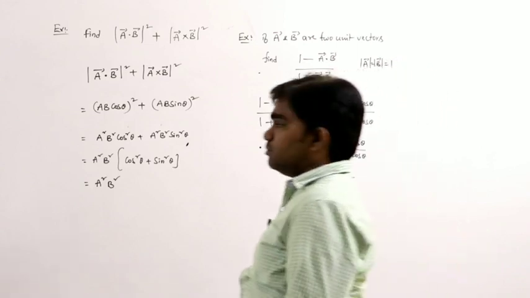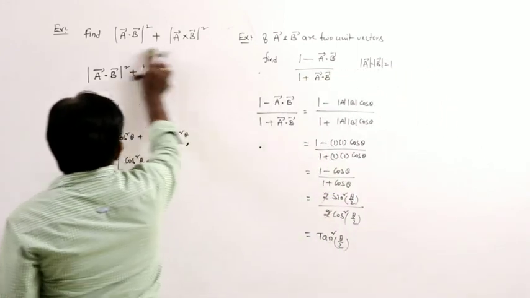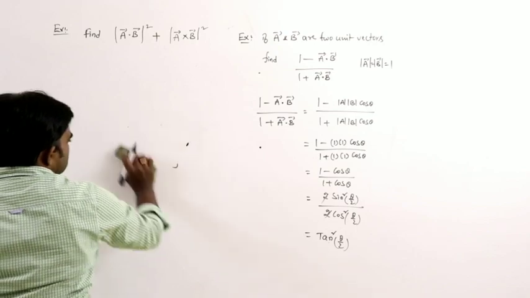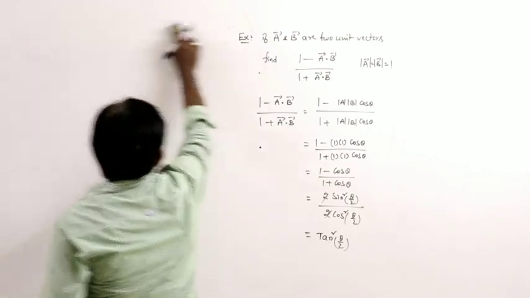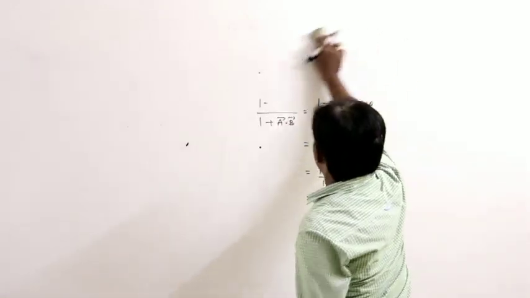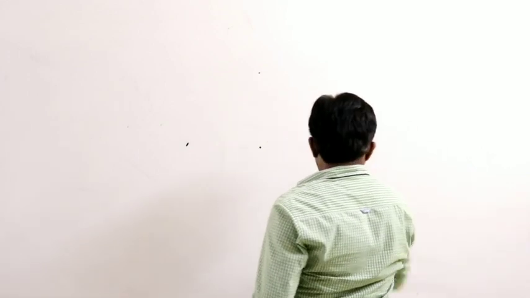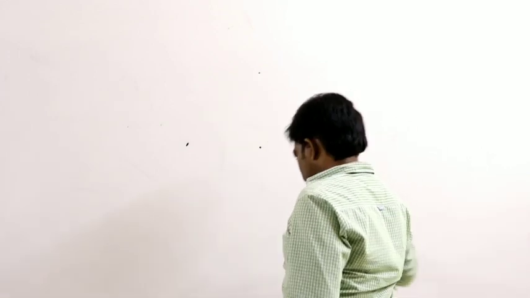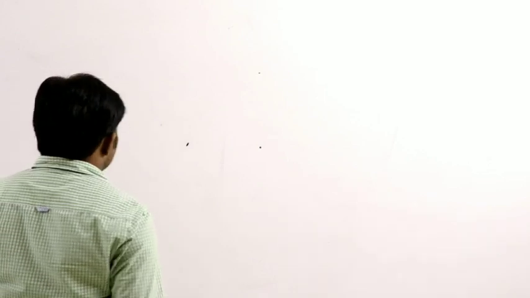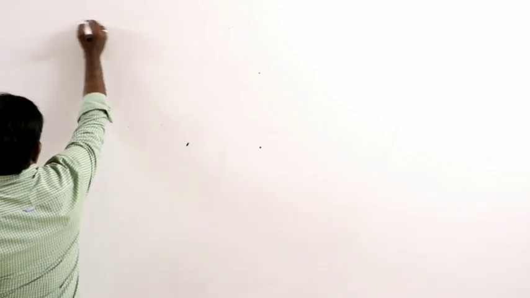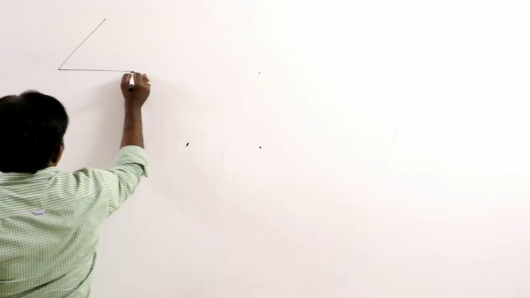So, these are some examples of dot product and vector product. Next, yesterday we already discussed the dot product. So, what is the dot product?